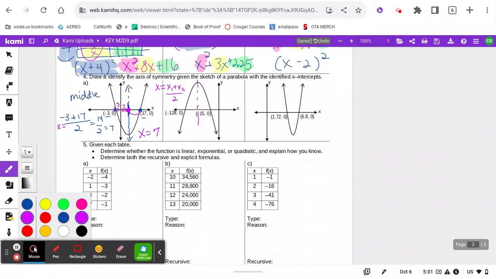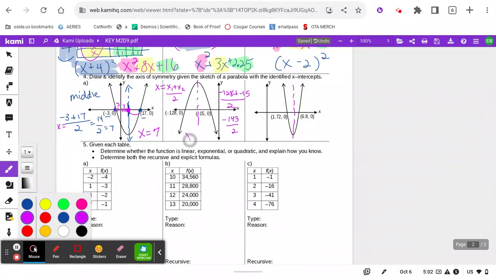Okay, middle of this one, pause the video, try to get the midpoint. Okay, let's see how you did. -128 plus -15 divided by 2. I'm grabbing my calculator. I hope you did. And I'm getting -143 divided by 2.